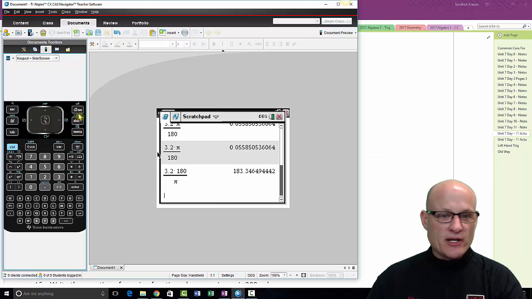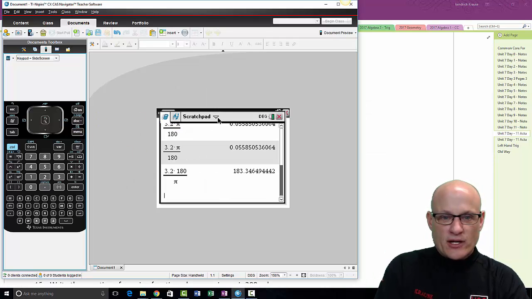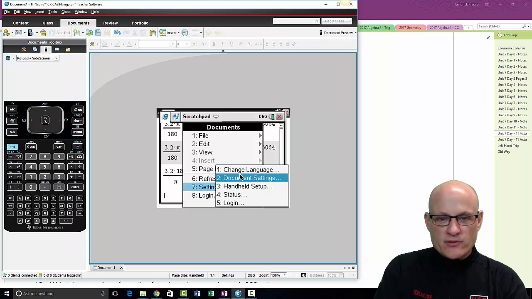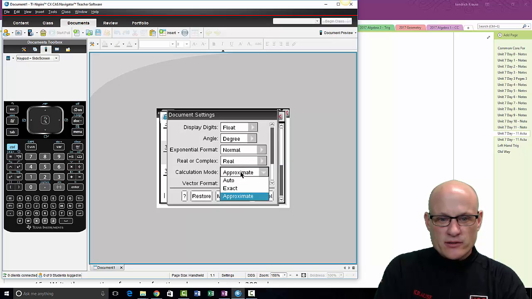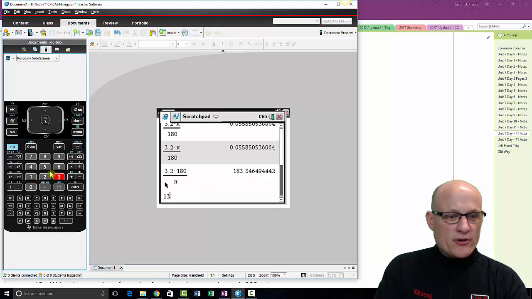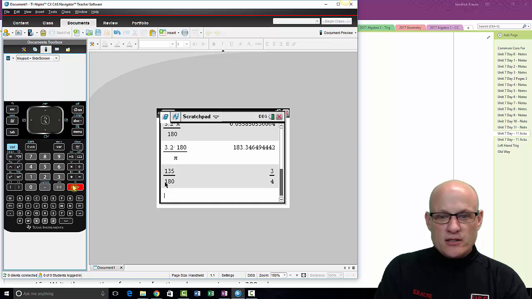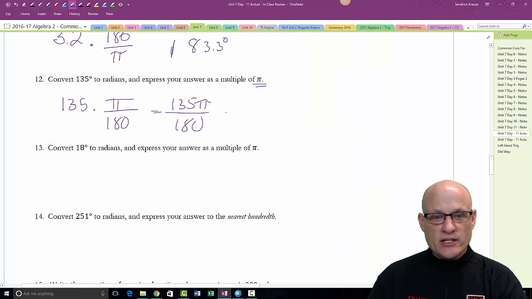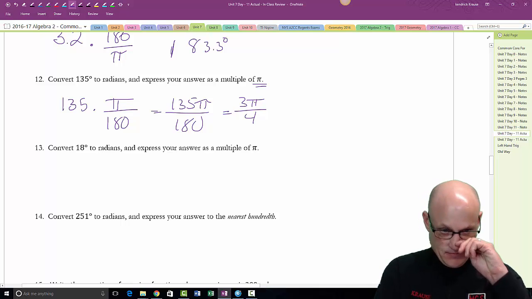The easiest way to do that is, hold on a second. Settings, document settings, exact. Okay. So if I do 135 divided by 180, it should give me 3/4. So this is really equal to 3 pi over 4.